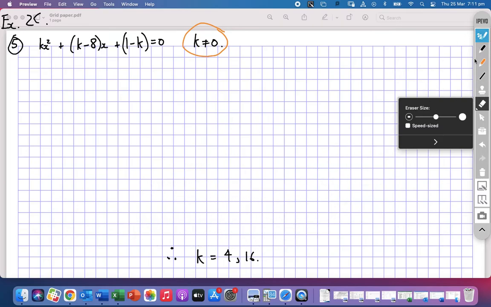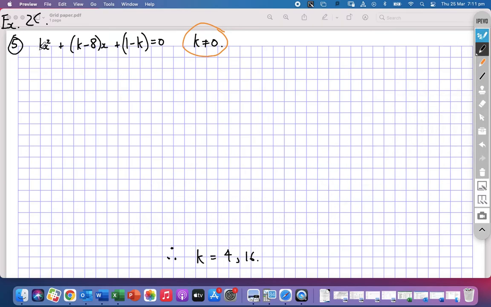So we have two quadratics. Quadratic 1 is, let's use the 4. 4x squared. So I'm making all my k's 4s. And I'd have 4 minus 8x. That's a minus 4x. Then I'd have 1 minus 4.